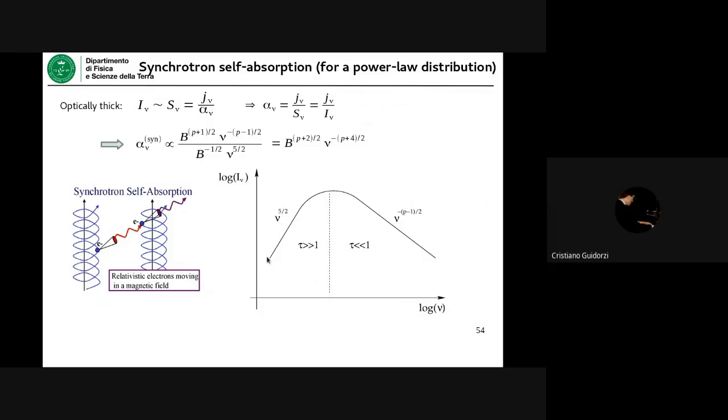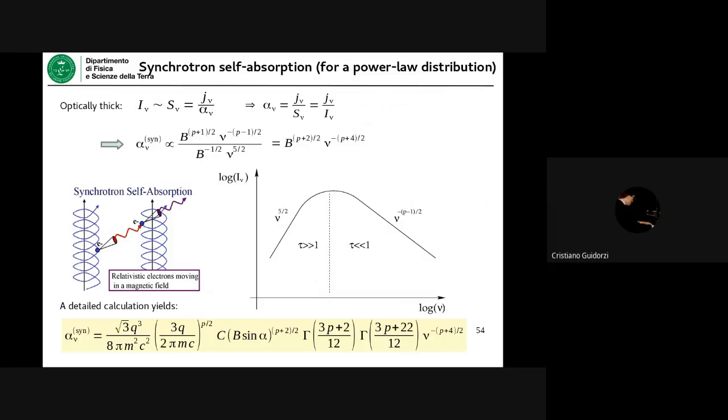And unless you move to very low frequency, when self-absorption comes into play, so when you go below the minimum frequency corresponding to the minimum Lorentz factor of the population of electrons, the slope changes to 2.